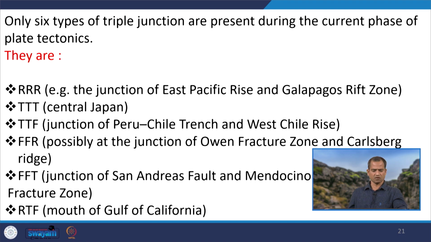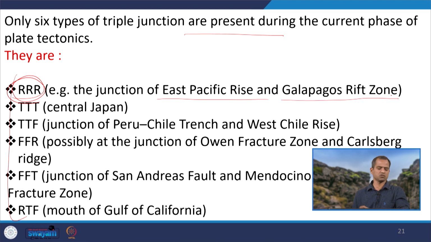So, these are the conditions through which a given triple junction can be made stable. Only 6 types of triple junctions are present in the current phase of plate tectonics, and they are given here. Out of these, RRR is the most stable one. It is the junction between the East Pacific Rise and the Galapagos Rift Zone.